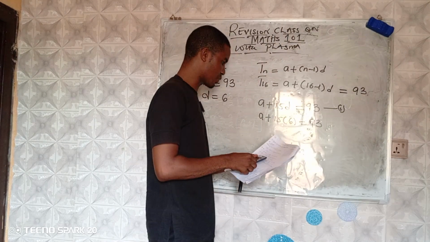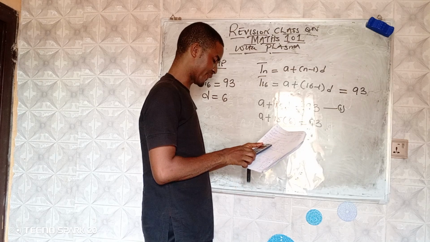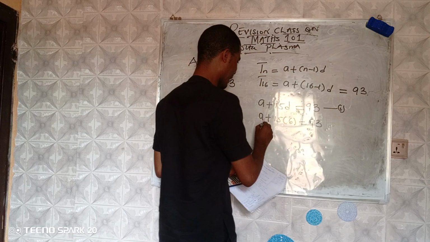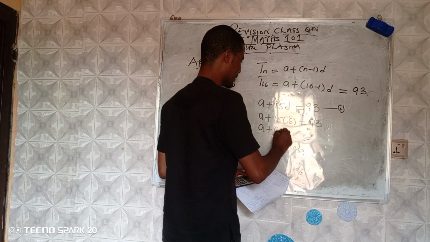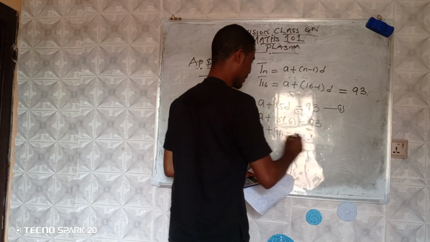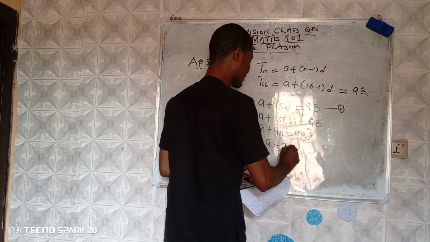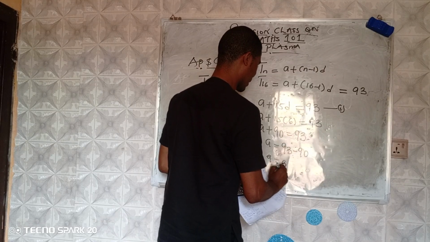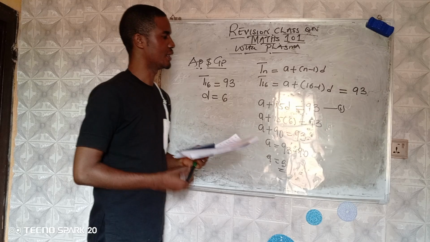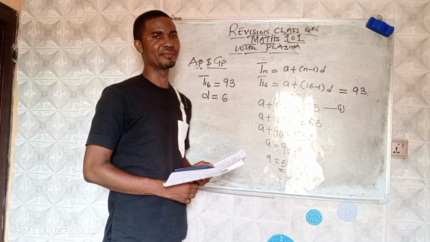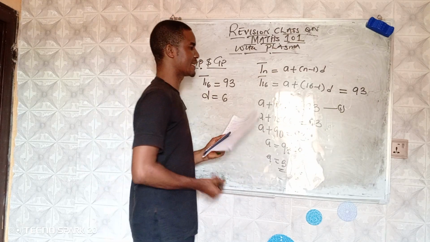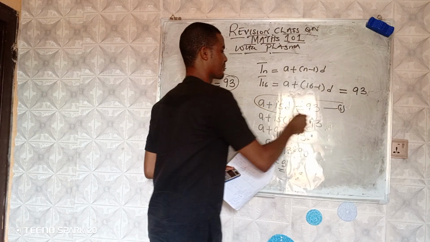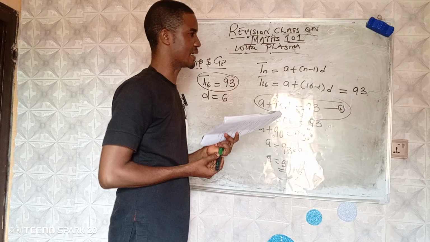So 15 times 6 is 90. I have a plus 90 is equal to 93, so that a becomes 93 minus 90, which is 3. I've got the first term of that AP. The most important thing here is this being expressed as this.